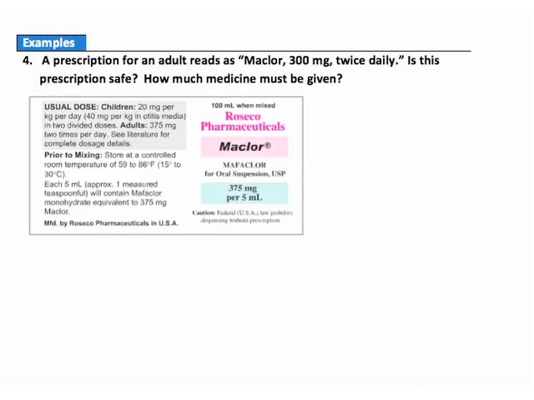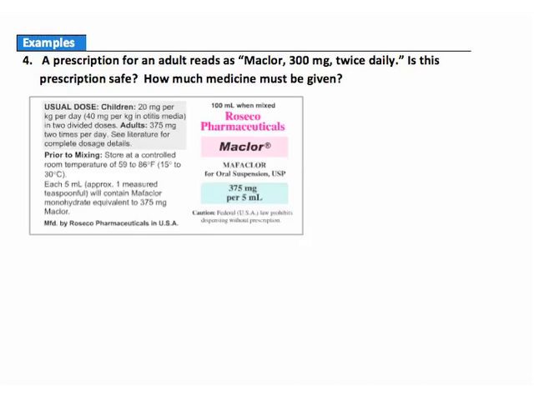Now let's take a look at an example that will help you understand the volume of medication that needs to be given to administer a certain amount of drug. Example 4. A prescription for an adult reads Mayclor, 300 milligrams twice daily. Is this prescription safe? And how much medication must be given?